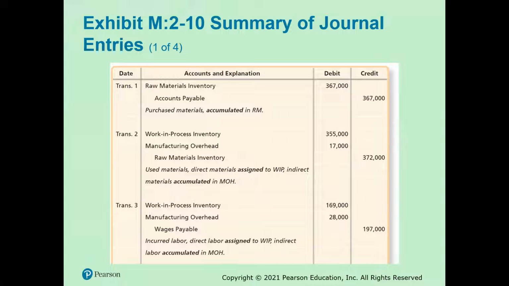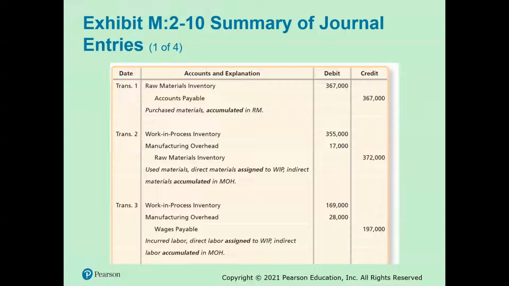Transaction 1, you see raw materials inventory debited for $367K, accounts payable credited for $367K. Purchase materials accumulated. Transaction 2, work in process inventory debited for $355K, manufacturing overhead debited for $17K, raw materials inventory credited for $372,000.